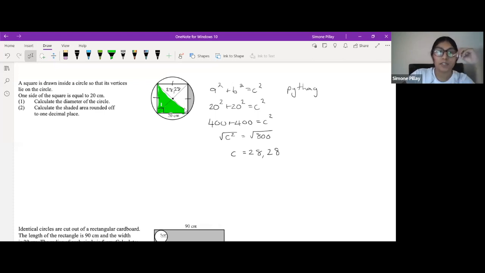The diameter of the circle is actually the hypotenuse of this triangle over there. So I did Pythagoras to calculate the hypotenuse of my triangle, which also just so happens to be my diameter. And that's where we're at now. Now we know what my diameter is, and now we are calculating the area of the shaded region over here. And Omar will take us through that.